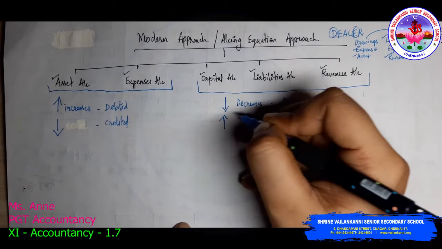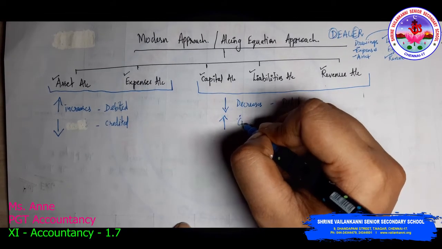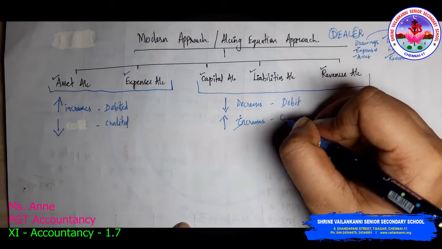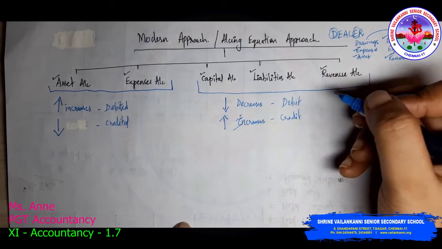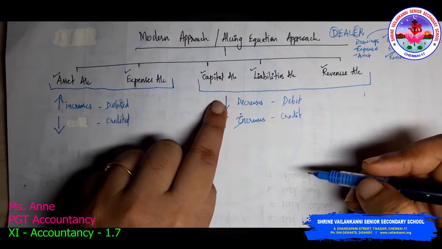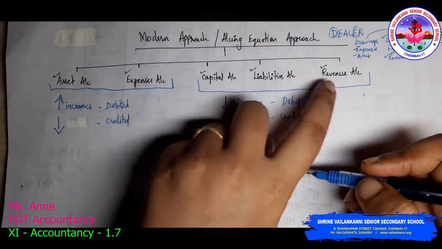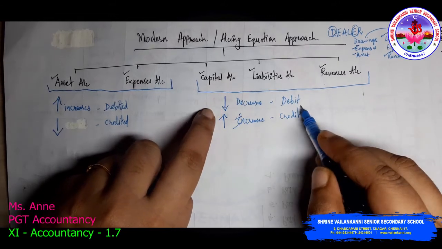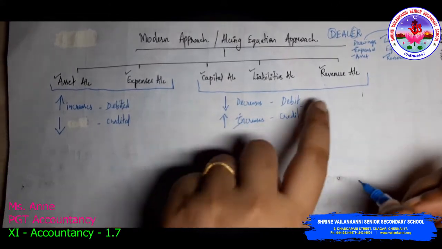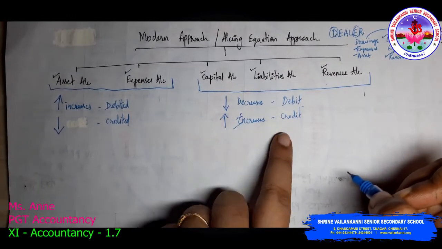If it increases, you need to credit it. So this rule: if capital decreases or liability decreases or revenue decreases, you need to debit it. If capital increases, liability increases, or revenue increases, you need to credit it.